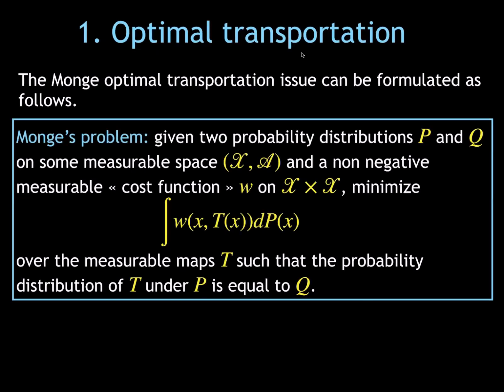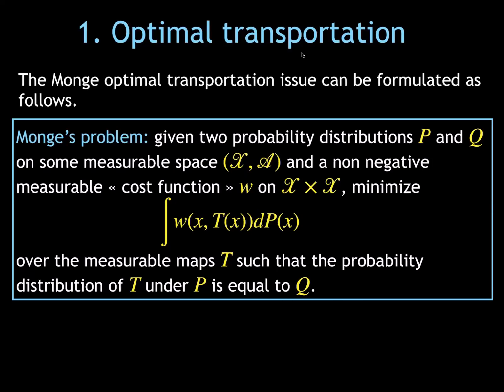So what is the Monge formulation of the problem? The Monge formulation of the transportation problem is the following. You have two probability distributions, P and Q. You have a cost function, which is denoted by W, and you want to go from P to Q, to push P on Q with a cost which is as small as possible.